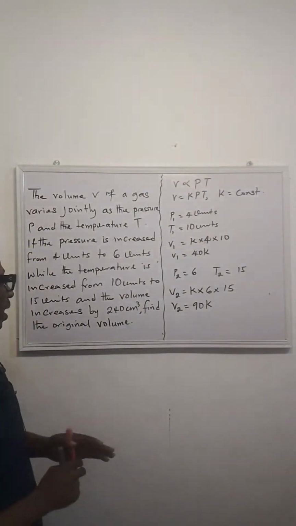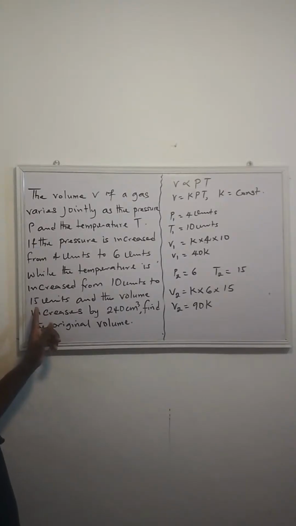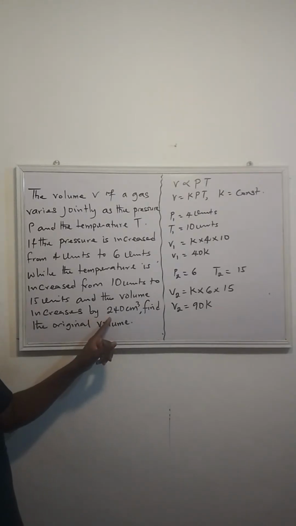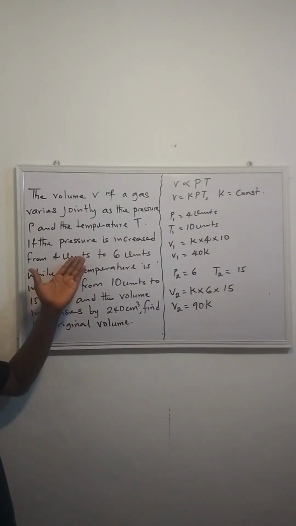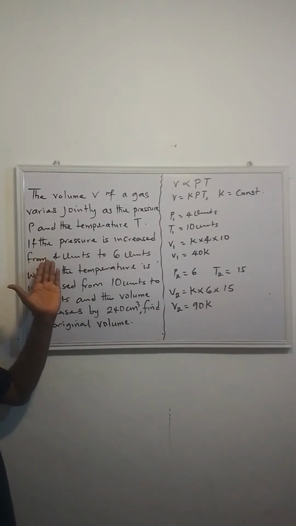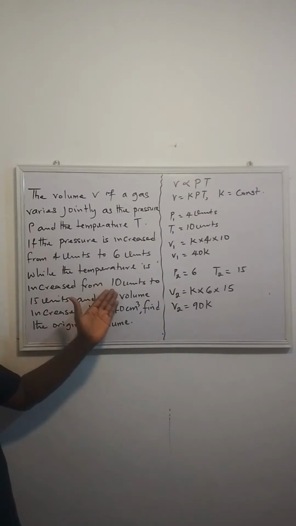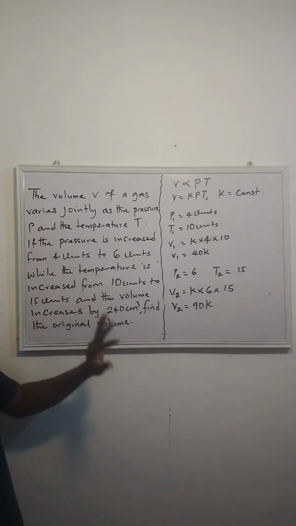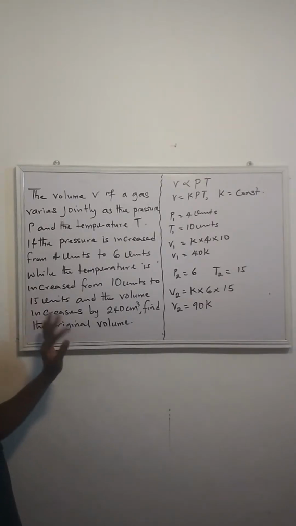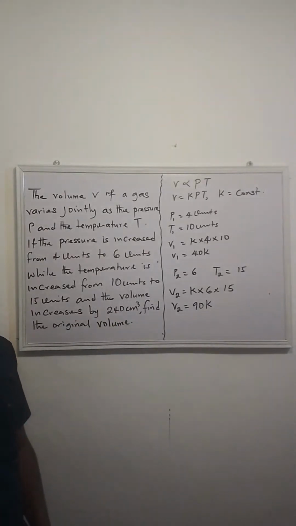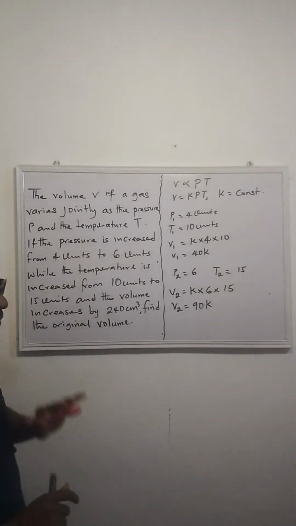So now let's look at what the question says. The question says that the volume increases by 240 cubic centimeters. Do you understand that? When the pressure is increased from 4 units to 6 units, and the temperature from 10 units to 15 units, the volume is also increased by 240 cubic centimeters. So what are we going to write?